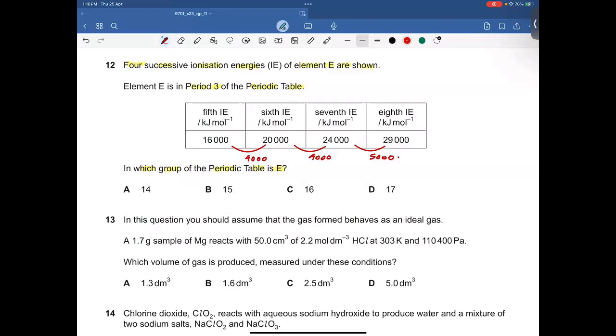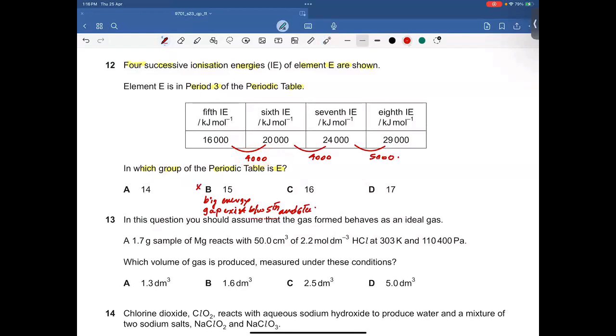If the group is 15, it means a big energy gap exists between the 5th and 6th. Here the 5th and 6th do not have a big energy gap, which means B is incorrect.